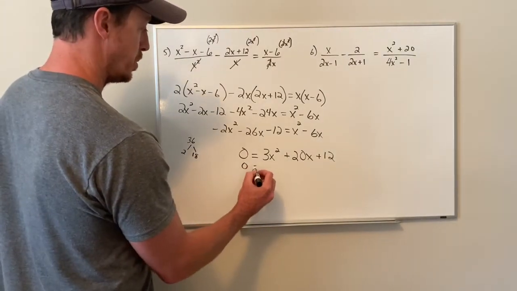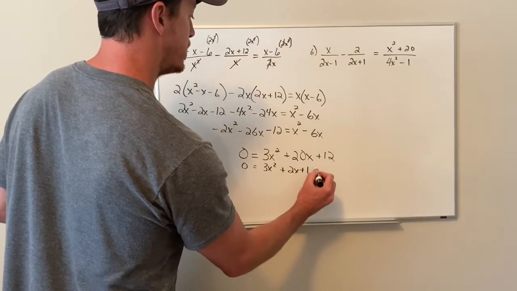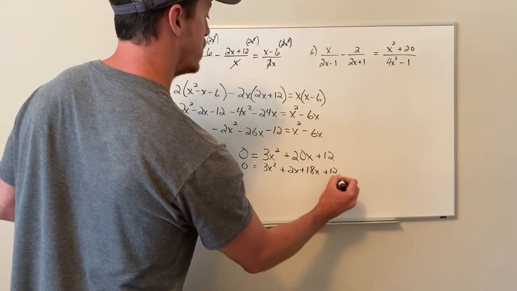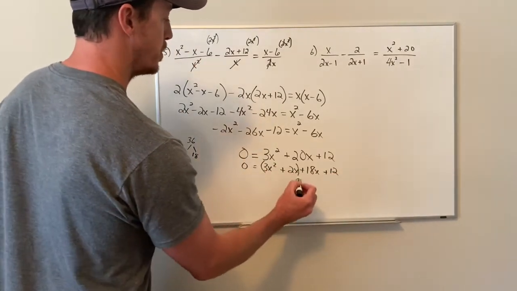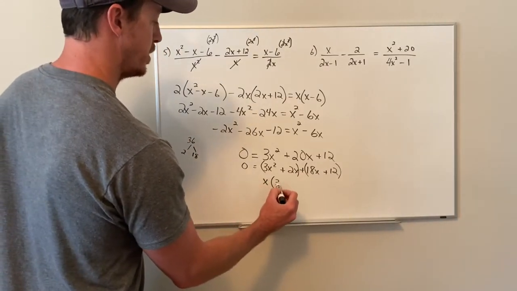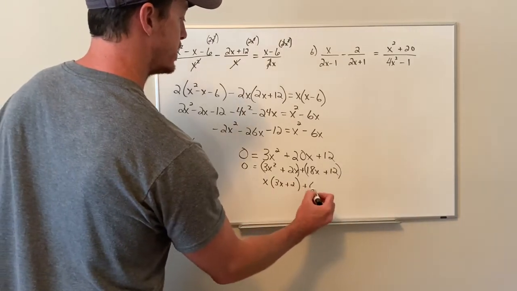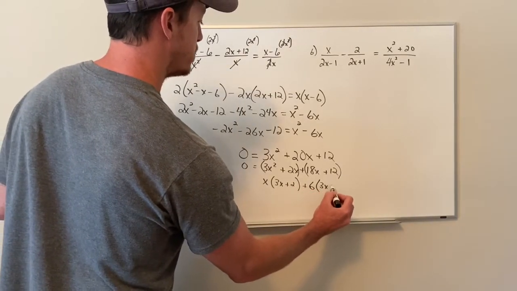All right, so I'm going to rewrite this thing as 3x squared plus 2x plus 18x plus 12. Group it like that. Here I can take out an x, that would leave me with 3x plus 2. Over here I can take out a 6, that would leave me with 3x plus 2.